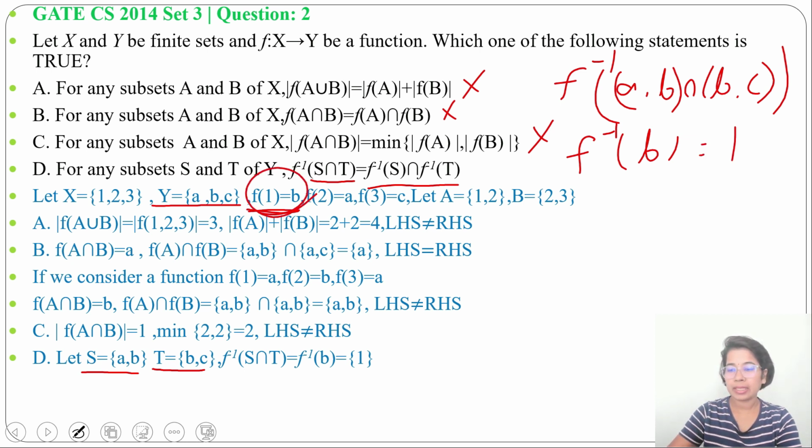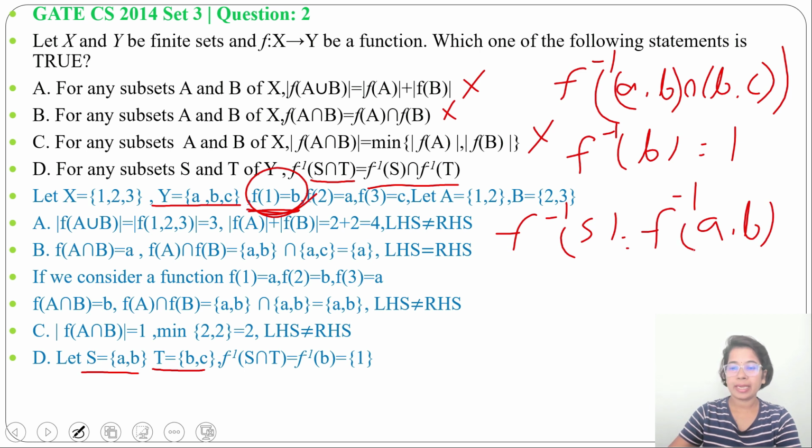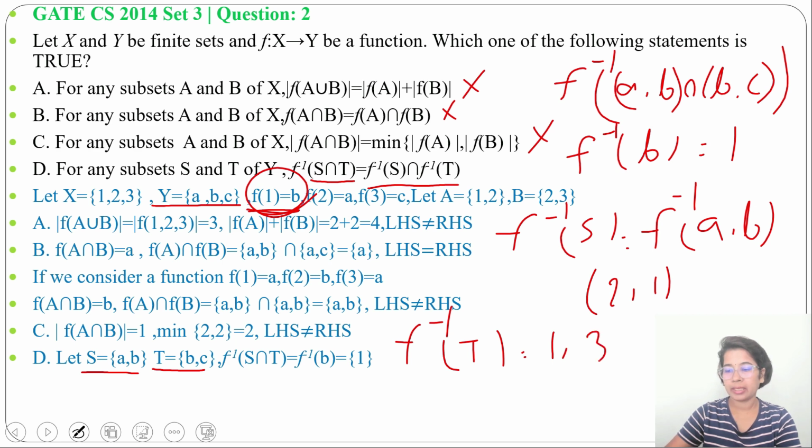Now the RHS, f inverse of S. S is {A, B}, so f inverse of {A, B}: f inverse of A is 2 and f inverse of B is 1. Now f inverse of T, where T contains B, C: f inverse of B is 1 and f inverse of C is 3.